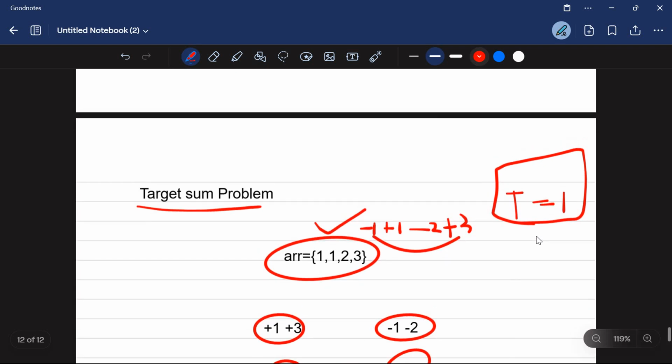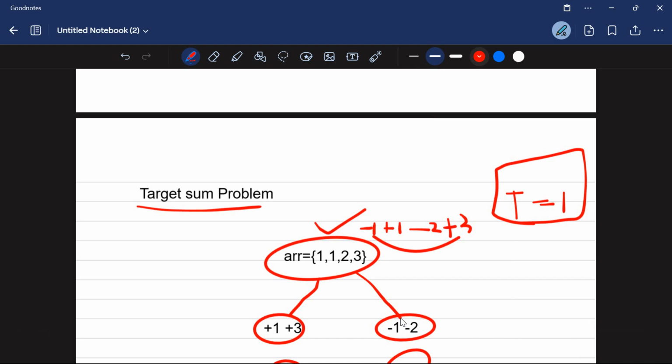What will we do? We will take positive terms here and negative terms here. Okay.